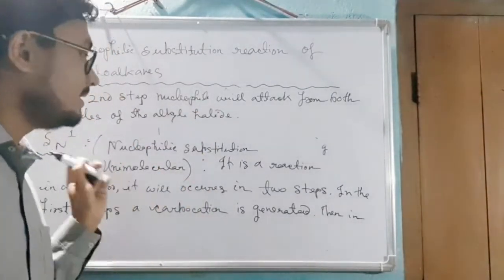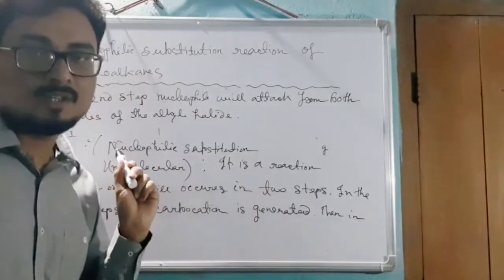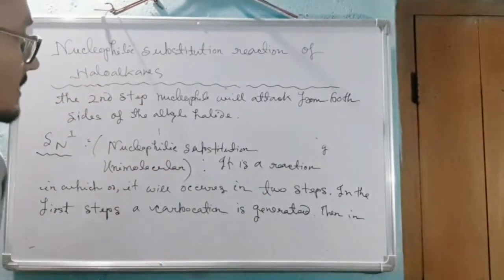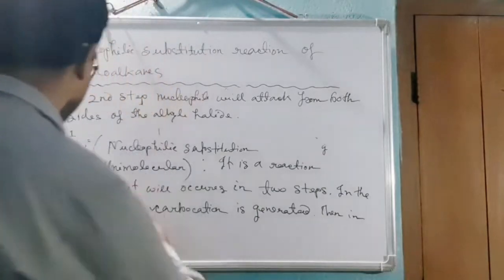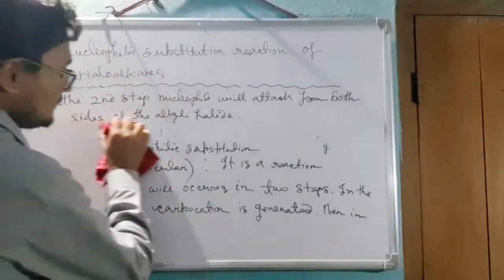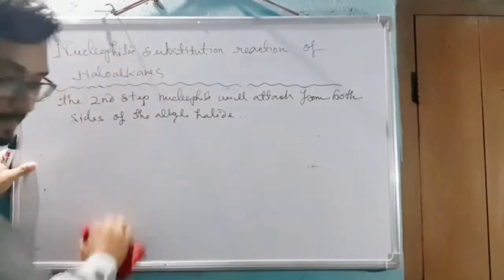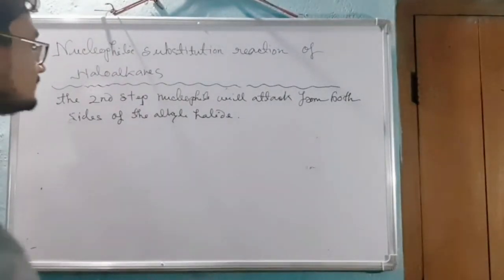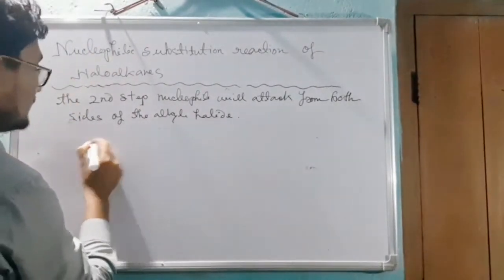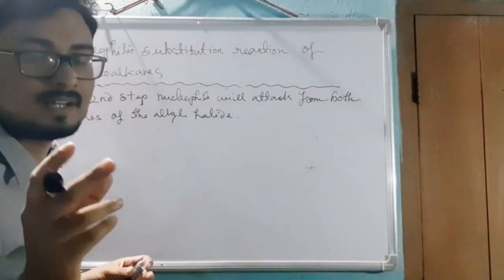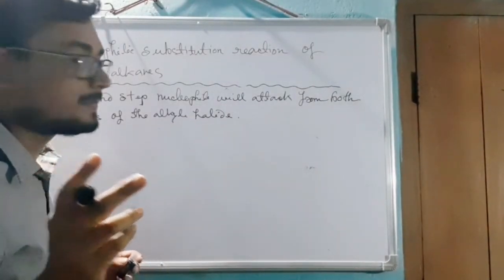We have to understand. Write all this down, okay. What is alkyl halide? Three types of alkyl halide.